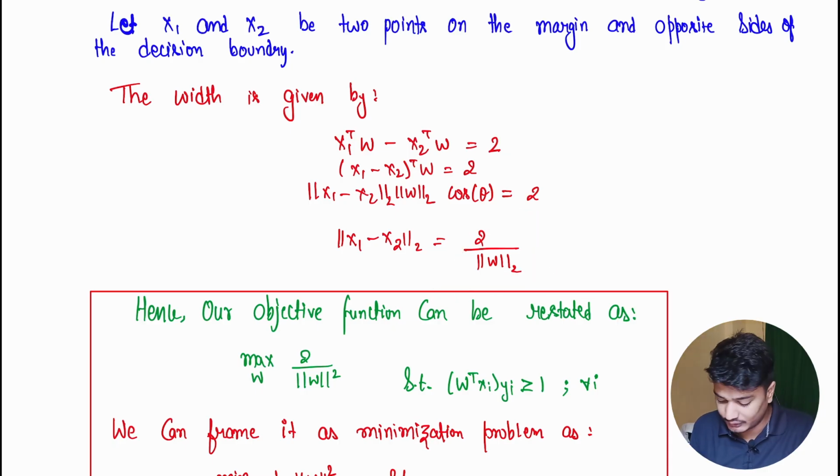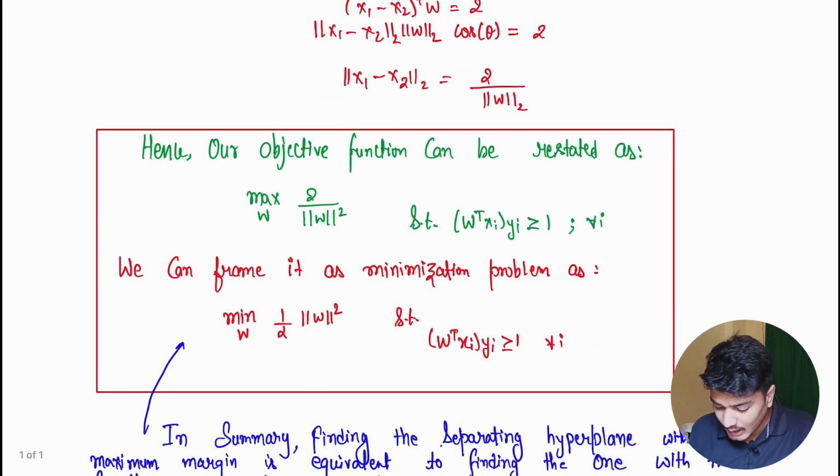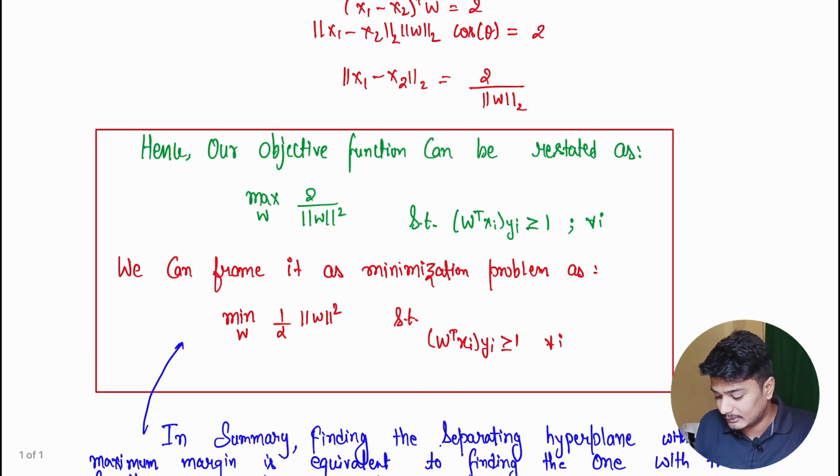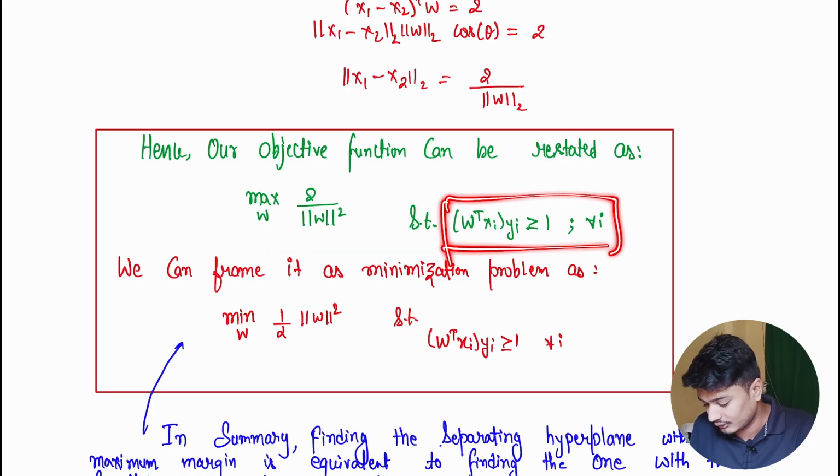So this is our width, and we have to maximize this. So max over w of 2 upon norm w is what we want to maximize given the constraint. Hence our objective function can be restated as: maximize over w of this, such that this is the given constraint.